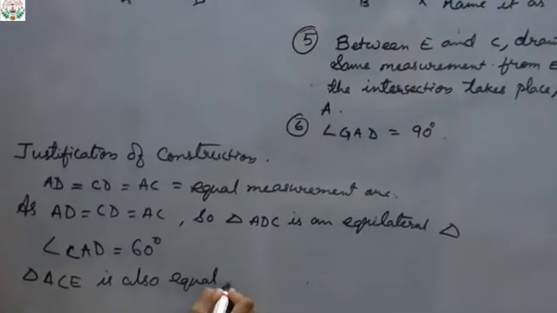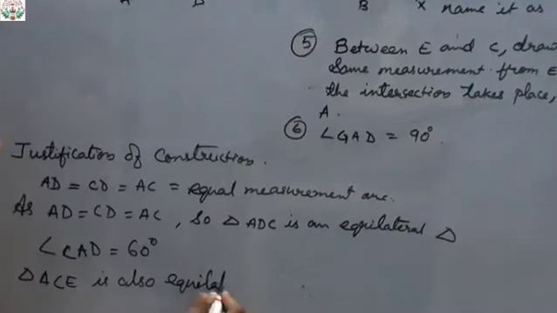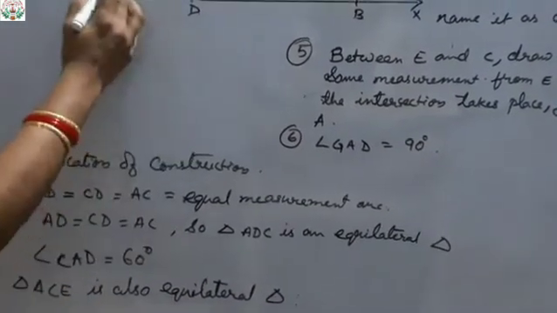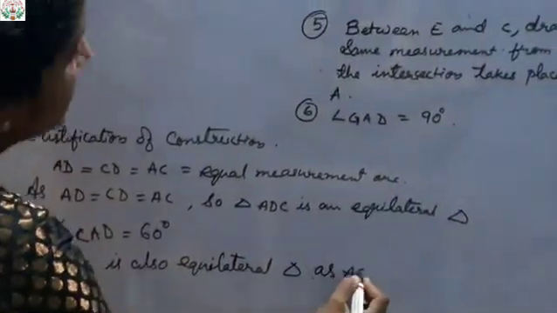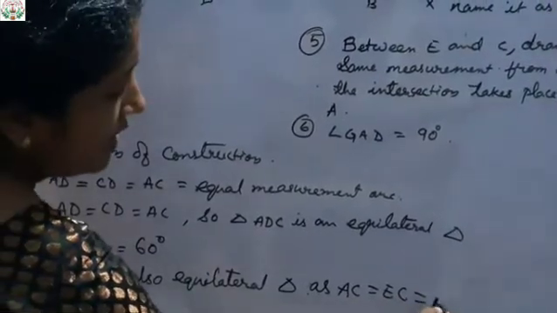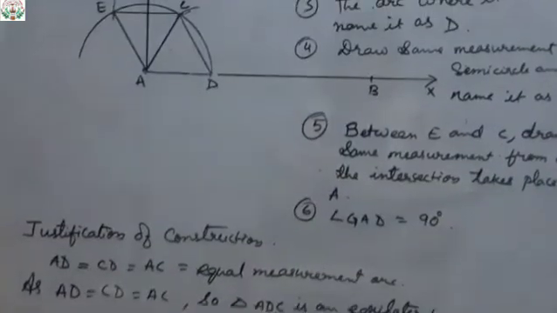equilateral triangle, because same measurement. This is AC as AC equals to EC equals to EA. Same way as they are the equal measurement arcs.